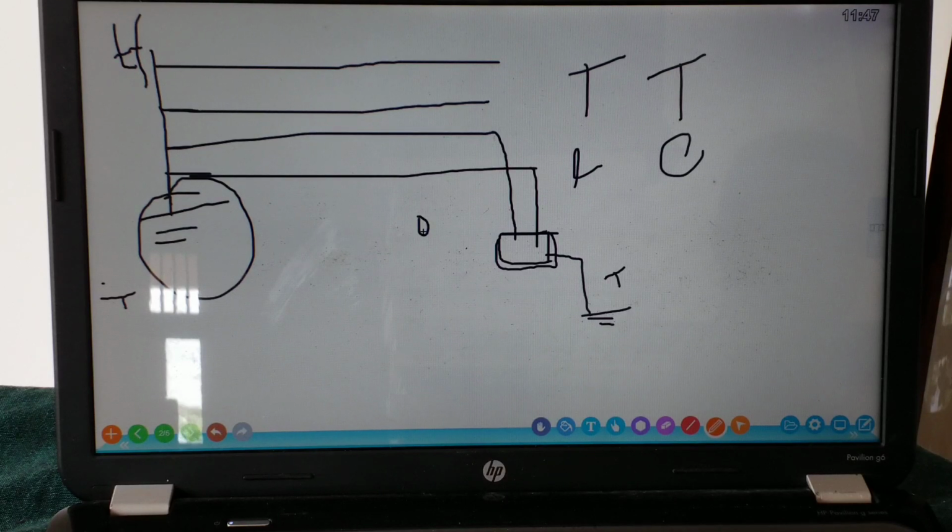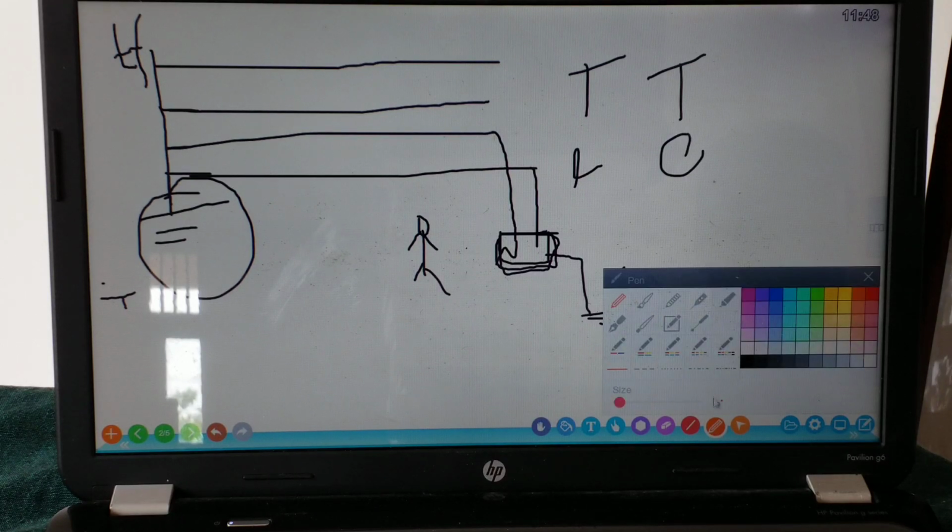What happened in TT? If there is a person, if space got earth, what will be the fault current path?